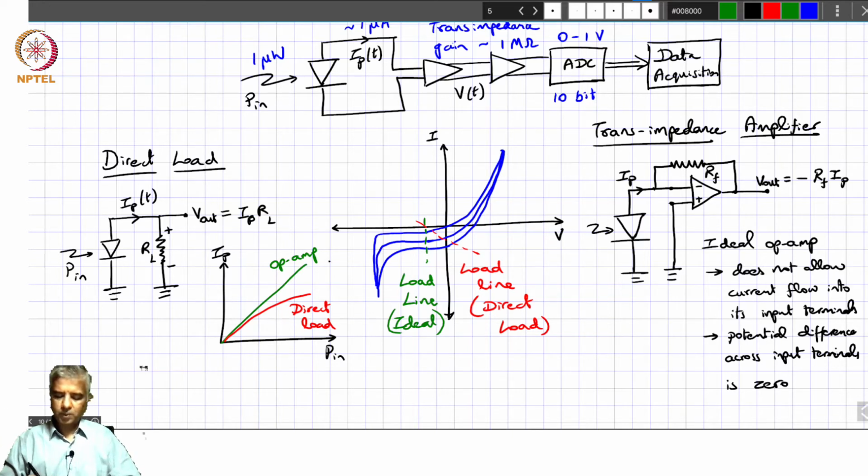Like I said, it will probably saturate over here because of the limitation in terms of the current that the op amp can supply. Now, that's a secondary thing. Overall, the transimpedance amplifier is a much better configuration if you are interested in extracting as much photocurrent as possible from your photodiode. And that's one of the more common configurations that's used.